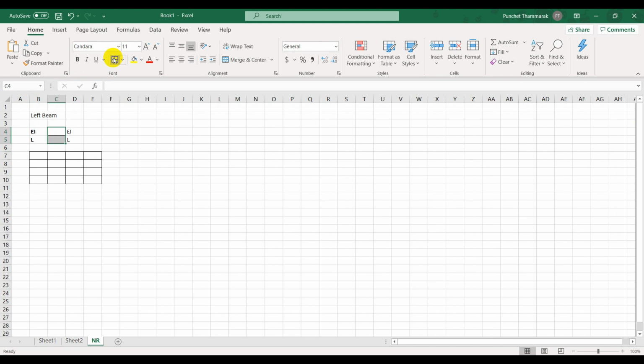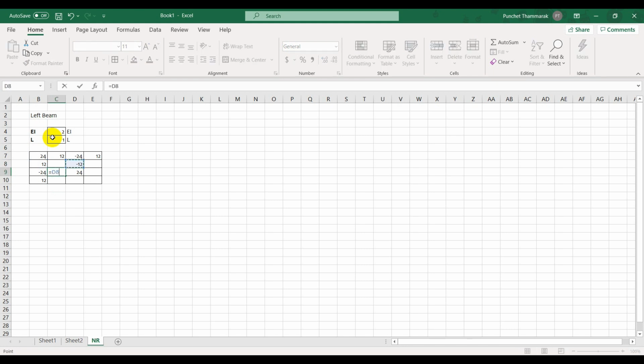Left beam, okay. 2 EI and 1 L. So I'll go through this quickly. 12 EI over L cube equals to this, and 6 times EI over L square equals to this one, and minus of this.